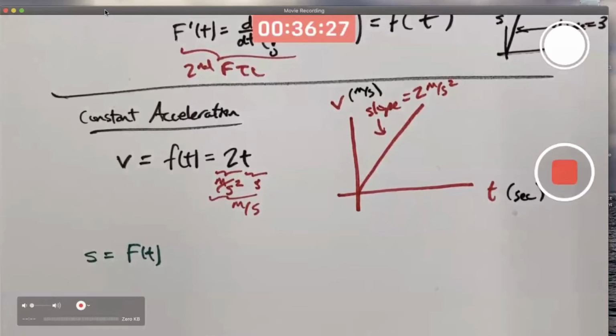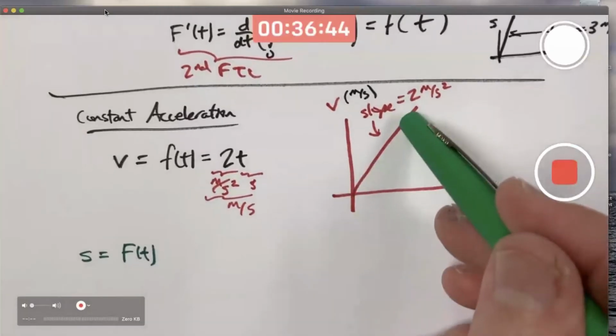Why can't I just do rate times time? Well, you can if you make a slight change, but if I don't make the slight change, I cannot do rate times time. Why not? Because the speed isn't constant. Yeah, the speed is not constant. It's changing. There's an acceleration.